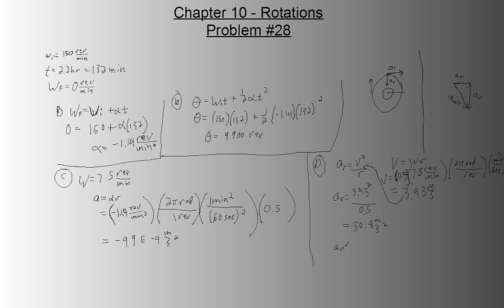So a net is the square root, this is the Pythagorean theorem, of AT squared plus AR squared, and we're going to plug in negative 9.9 e to the negative 4 in here, square it, makes it positive, and it makes it even smaller. AR is 30.8 squared, square root that, and basically get the same answer because of rounding. This would be slightly larger than AR. Not too shabby.